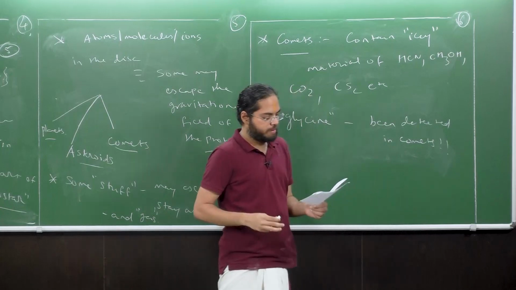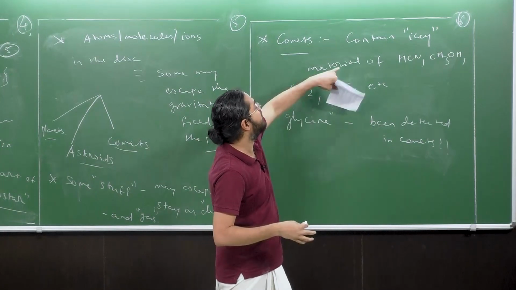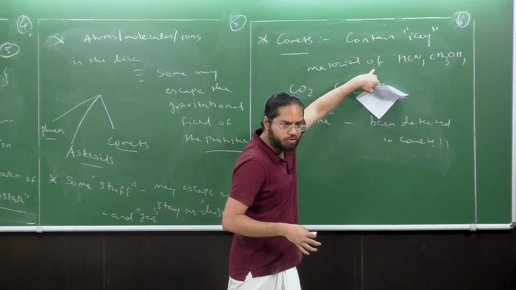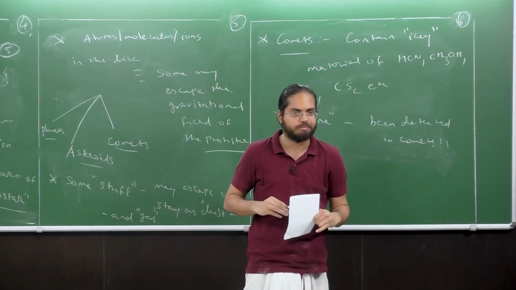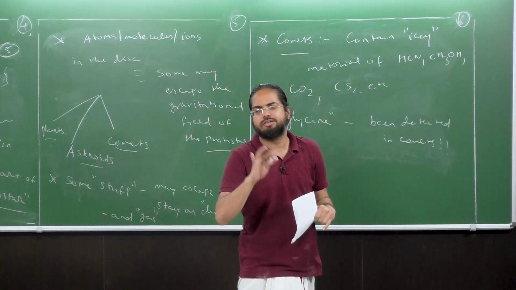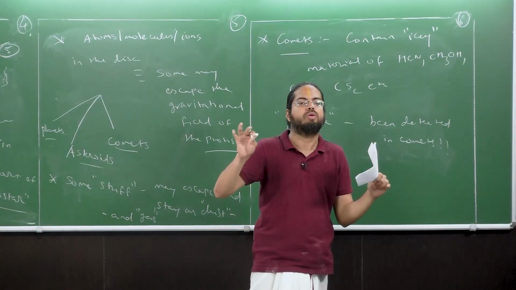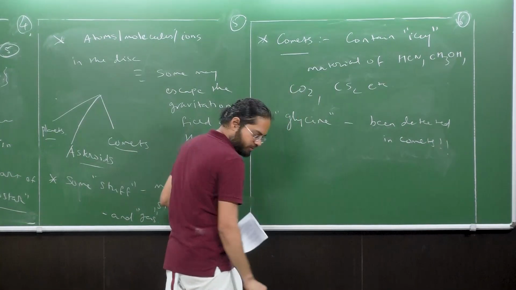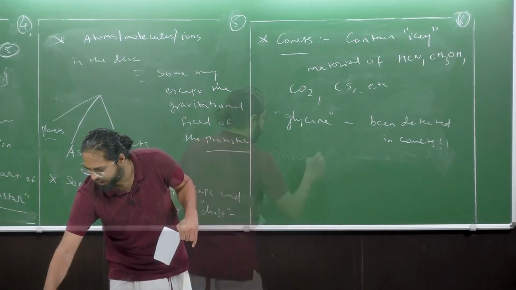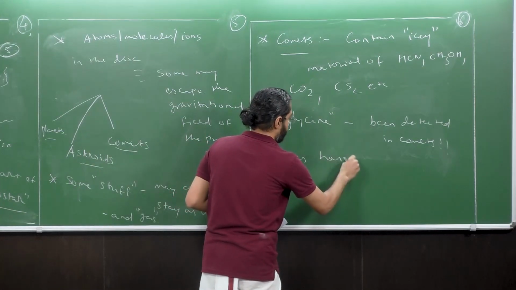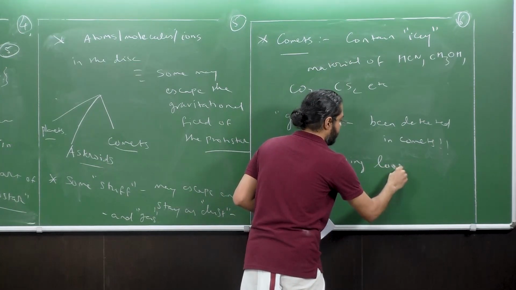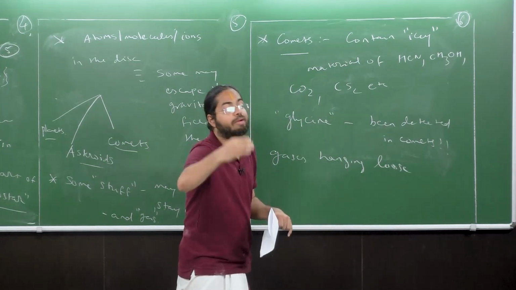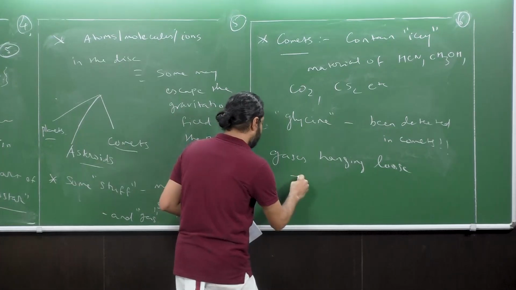And so you have icy material of some of these molecules, and you also see molecules floating around in a gas phase. Okay, right? In fact, it is this weakly bound system, and some gases hanging loose, which results in the comets typically having a tail.